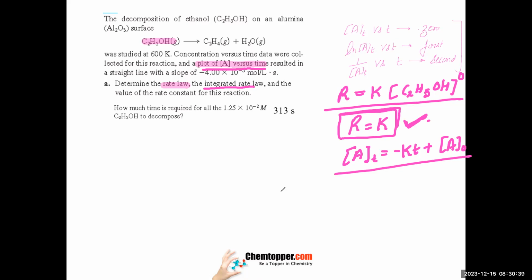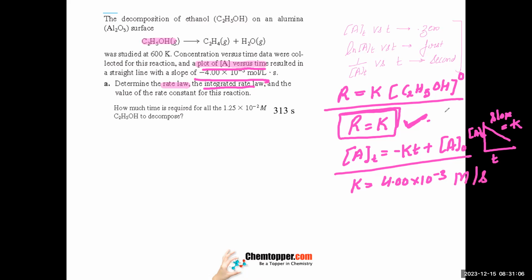What's the value of rate constant K? You know, the graph is concentration of AT versus time with a negative slope, and the slope of the line is minus K, and that slope is given to you. So it is 4.00 times 10 raised to power minus 3 molar per second.